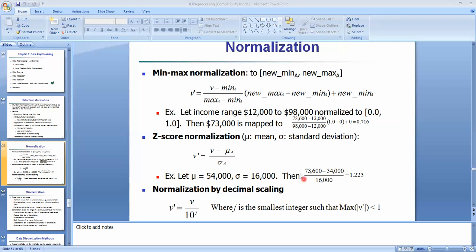Then putting in the value, 70,600 minus 54,000, divided by 16,000, where 16,000 is the standard deviation of A. It comes to 1.225. So this is the z-score normalization. This is a very, very important topic, normalization.